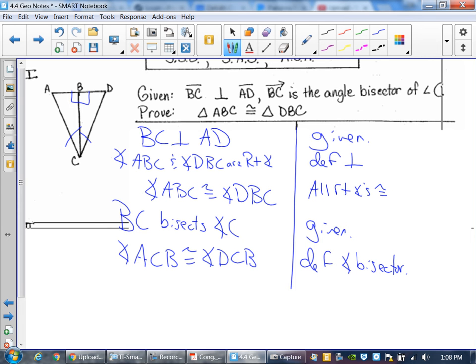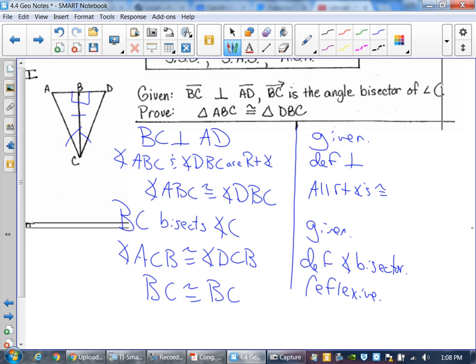So now, you've got two angles, which means you have to find a side between them or a side after them. What do you have? We have between them, right? Because of what? Reflexive. Are the triangles congruent now? Yeah, because of what?